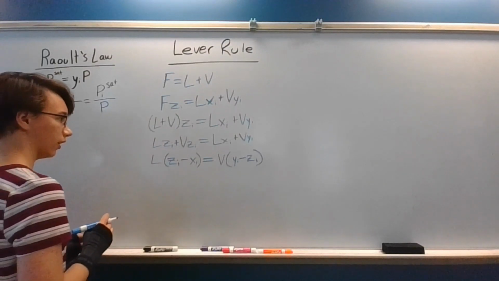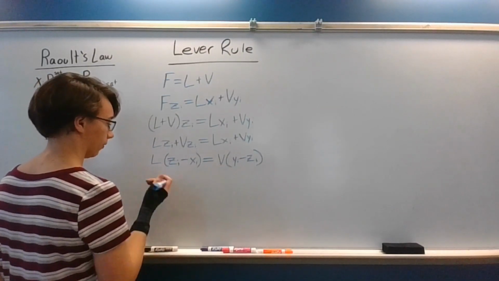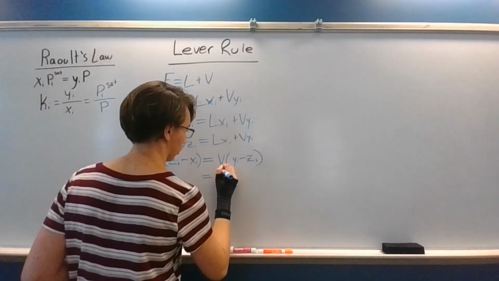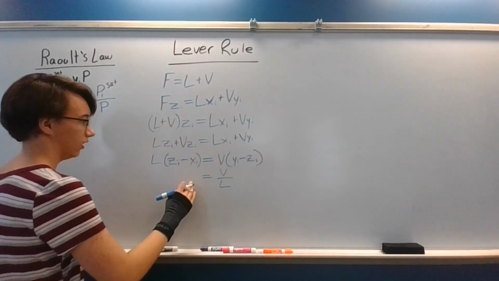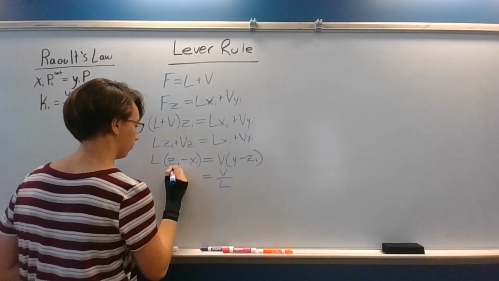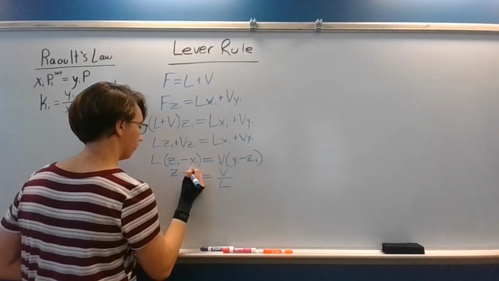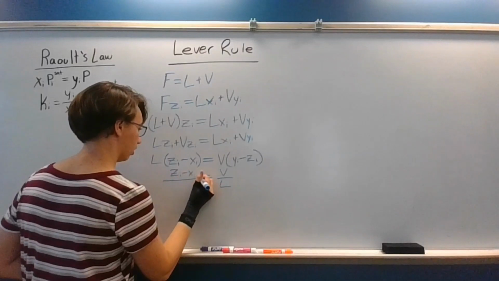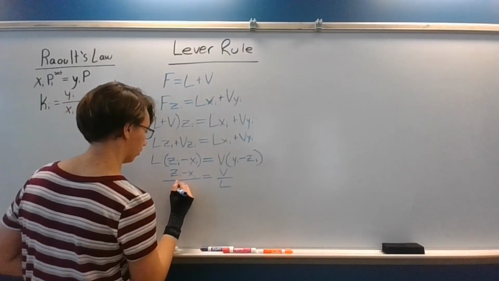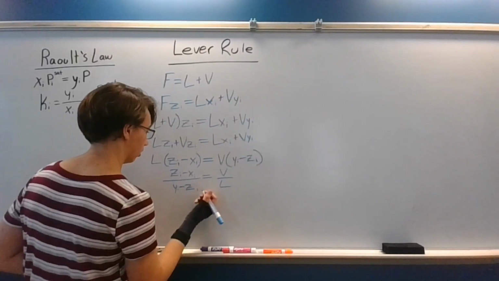And then we can take V divided by L. So we'll have the ratio of vapor to liquid is going to be equal to mole fraction in the feed minus mole fraction in the liquid over mole fraction in the vapor minus mole fraction in the feed.